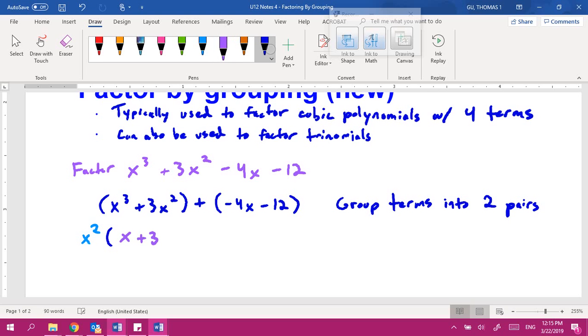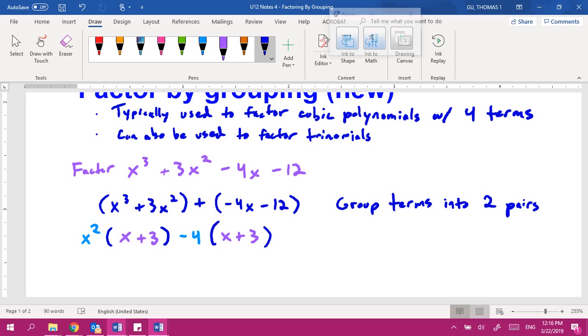Very good. Now what is the GCF in my second group? Negative 4, right. We want to factor out the negative when we can. So we factor out the negative 4, and what will be remaining? X plus 3, right. Now, a very convenient thing about factoring by grouping is that it kind of tells you if you're doing it right in the middle of the problem, because if you factor the wrong number out, your parentheses will have different results.